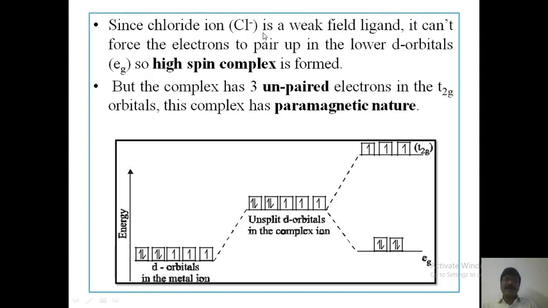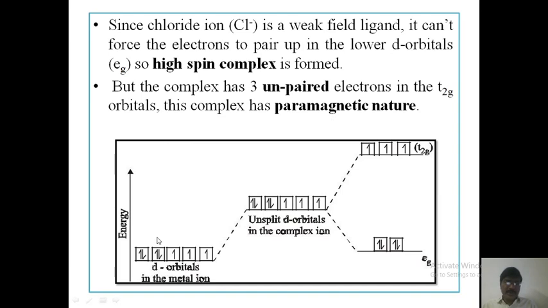Since the chloride ion is a weak field ligand, it cannot force the electrons to pair up in the lower d orbitals, so a high spin complex is formed. The complex has 3 unpaired electrons in the T2g orbitals. This complex has paramagnetic nature.